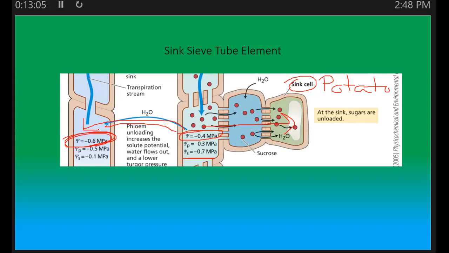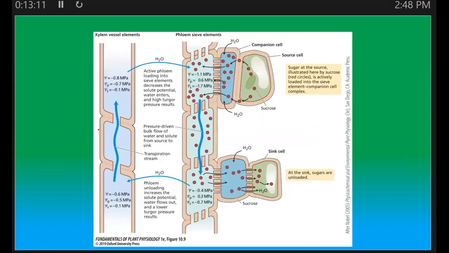And the big thing is, it's not the same pressure as what we find in the source that's feeding that sink. So if you compare the psi sub P at the source, it's 0.6 megapascals. You compare down where the potato tuber is growing, and you see it's 0.3 megapascal.